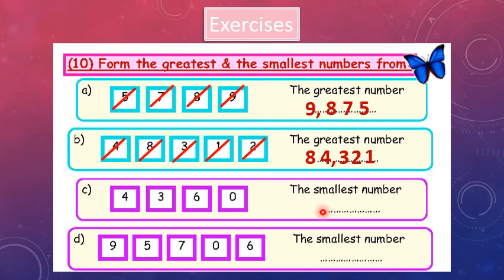No, we can't put 0 in the left place because it has no meaning. And if we put it in the highest place value here, then we just lose it. This number will have, yes, 3 digits only.